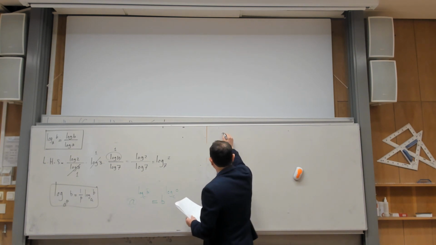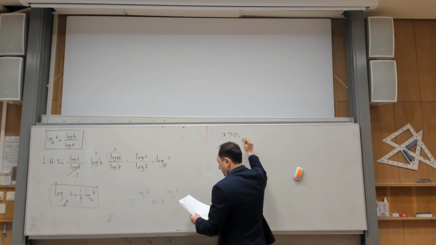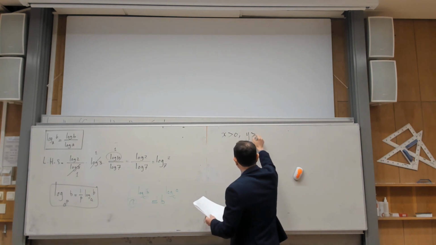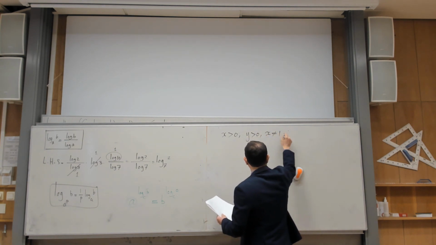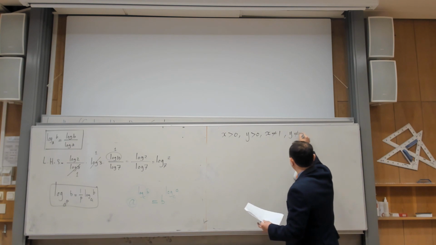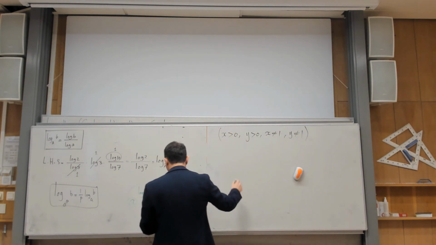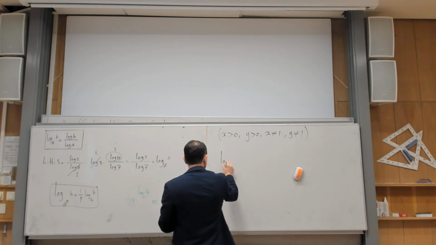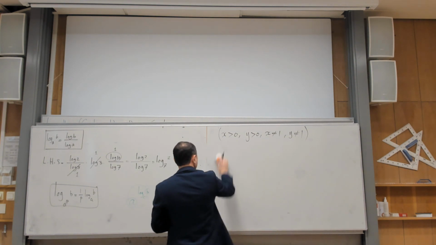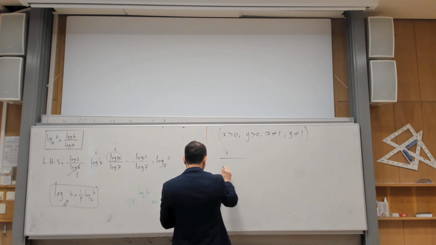So we know that x is positive, we know that y is positive, we know that x is not equal to 1, and we know that y is not equal to 1. Assume that I have given you all these conditions, but I want you to simplify this expression as much as possible, and probably in the most efficient way.